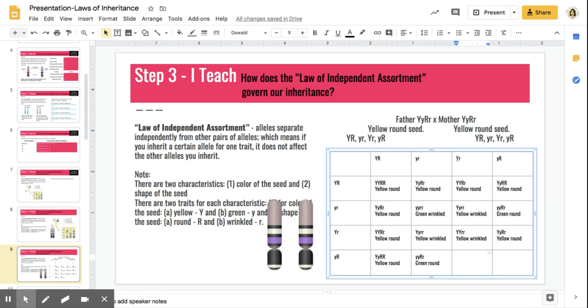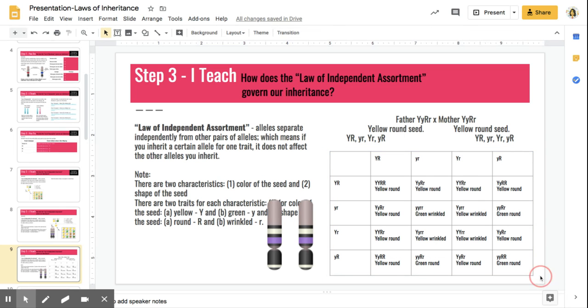Next would be dominant, recessive, heterozygous. Recessive, dominant, heterozygous. So we have the yellow, round. Last would be recessive, recessive, homozygous recessive, dominant, dominant, homozygous dominant. So we have green, round. And that's it.